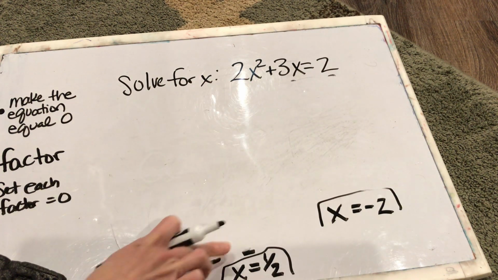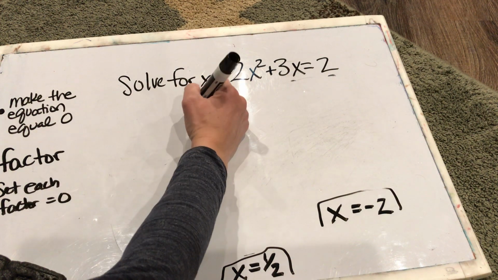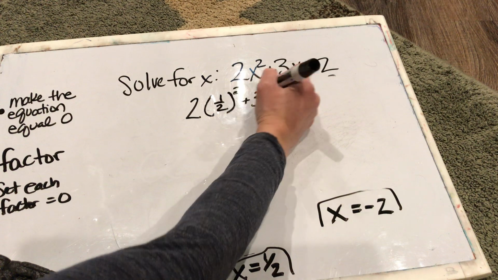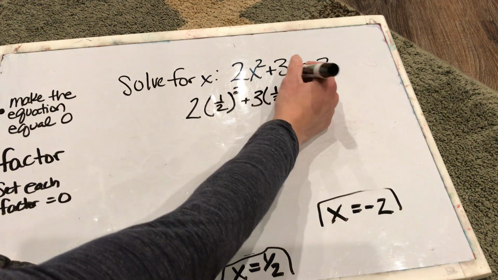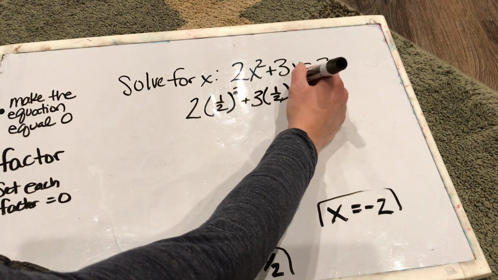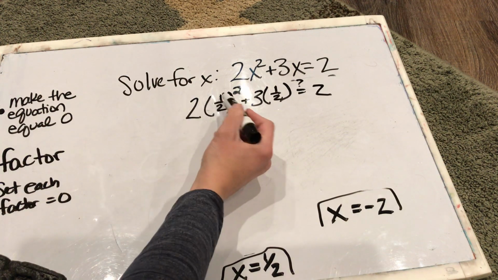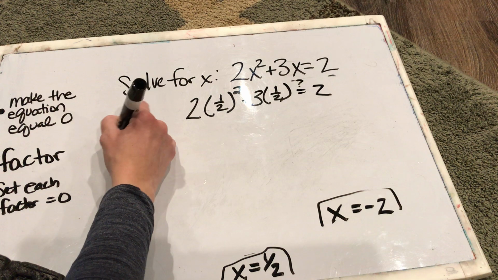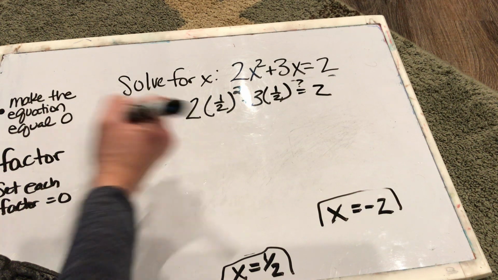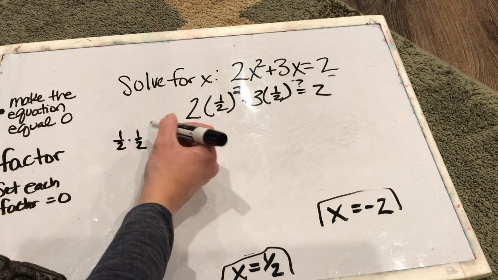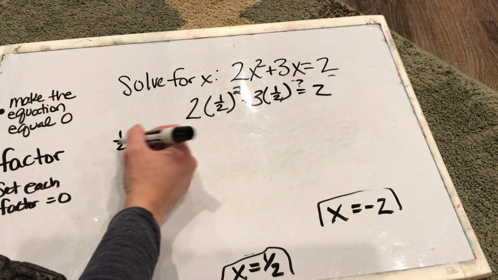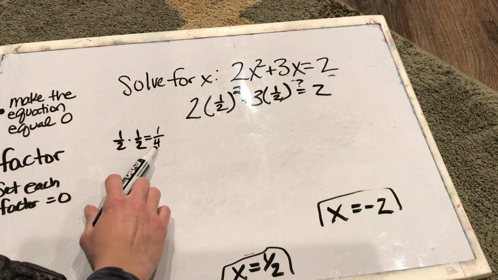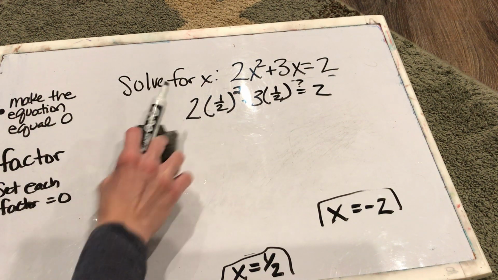I'll start with the 1/2 over here. So I'm putting 1/2 in every time I have an x. Does that equal 2? 1/2 squared. Now squared means I have 1/2 times 1/2. When I'm multiplying fractions, I multiply the top and I multiply the bottom. So 1/2 squared actually becomes a smaller fraction. It becomes 1/4.